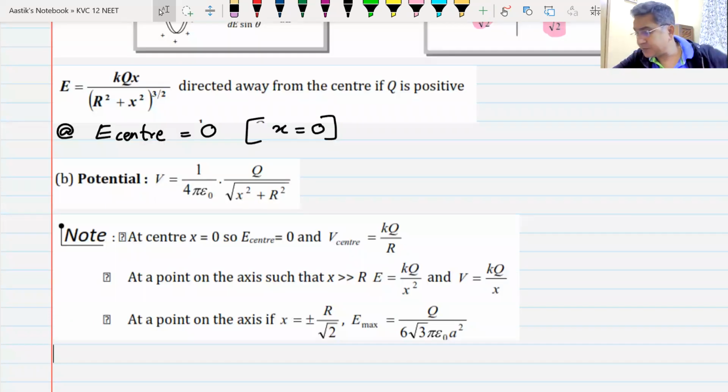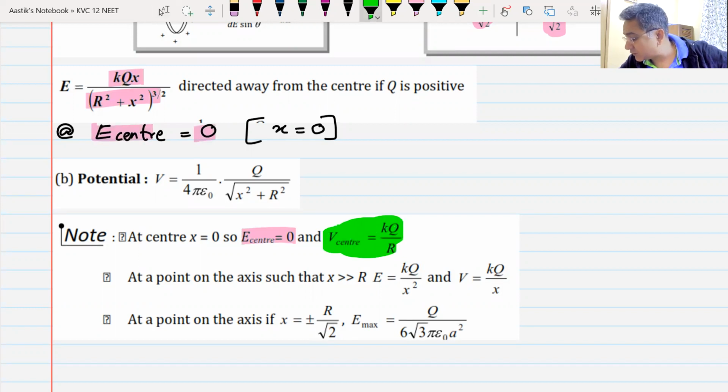Then these are some points that you can note down. At center, x is 0. So you can see at center x is 0, so your electric field at the center is going to come as 0. And your electric potential, and remember this is a very important term. What is the electric potential at the center of the ring? KQ by R. Point number 2 is not so important for you.